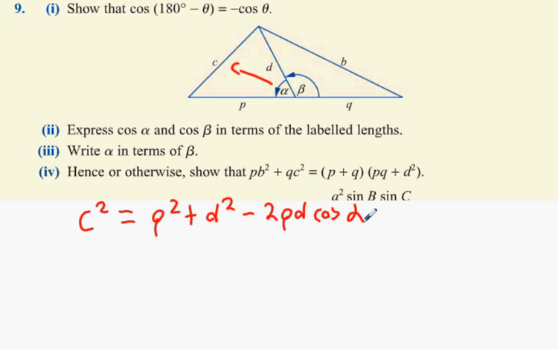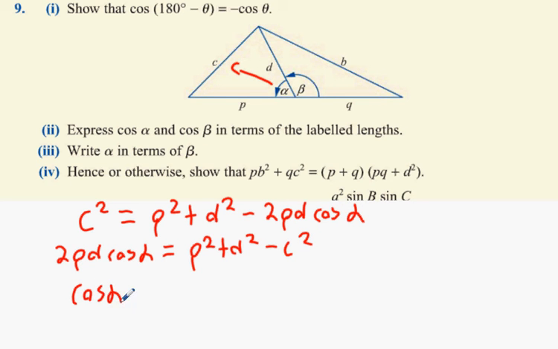Get cos alpha on its own. So 2PD cos alpha is equal to what? P squared plus D squared minus C squared, and then at the end cos alpha equals P squared plus D squared minus C squared all over 2PD.